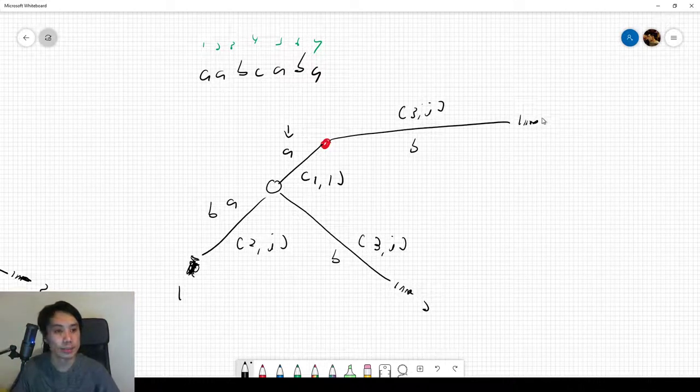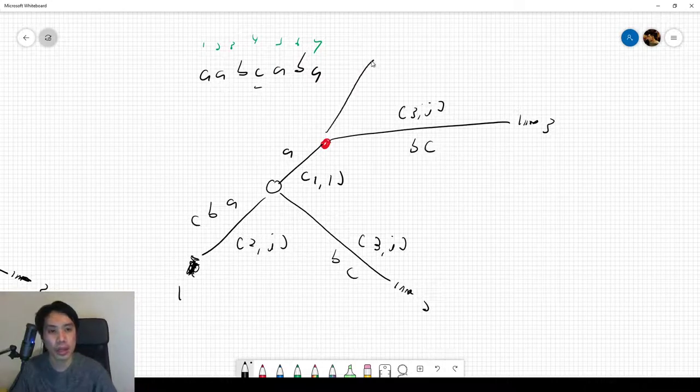And here my pointer will be 3, okay? Then the next one will be C, okay? Put in C, create a new one, which is only for C. Oops, my C should be below, and here should be 4I, okay?